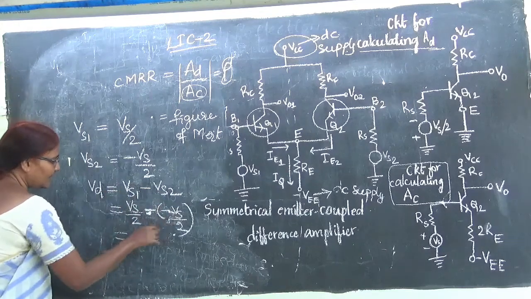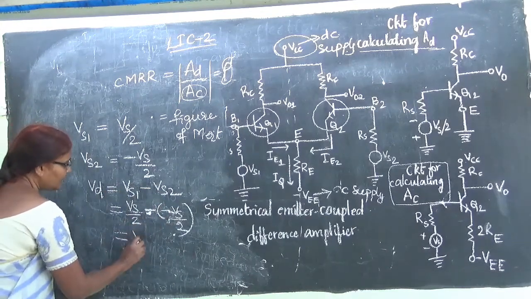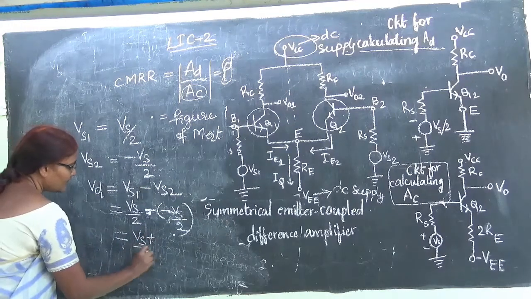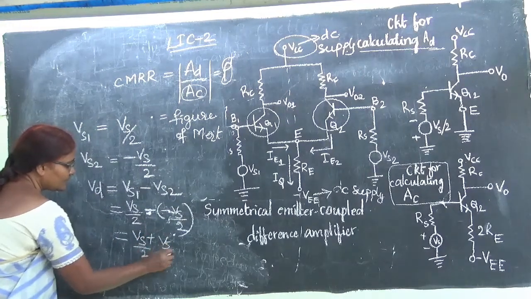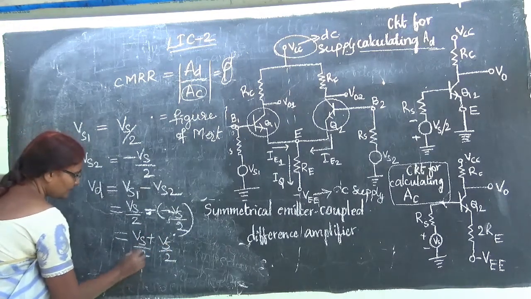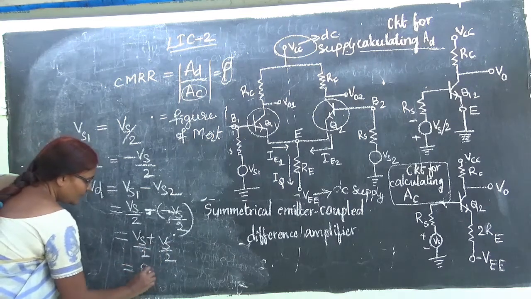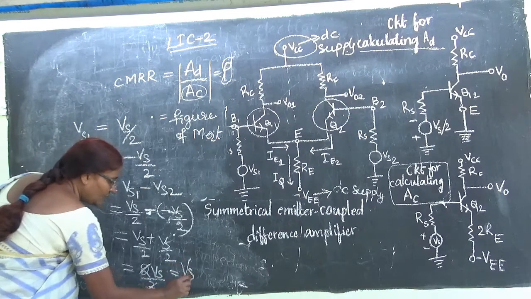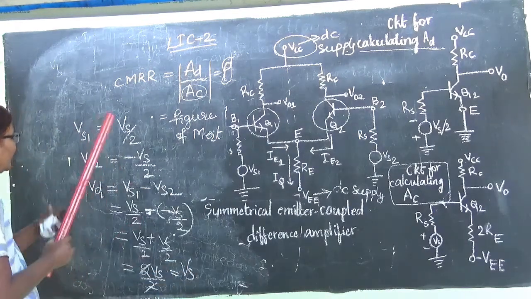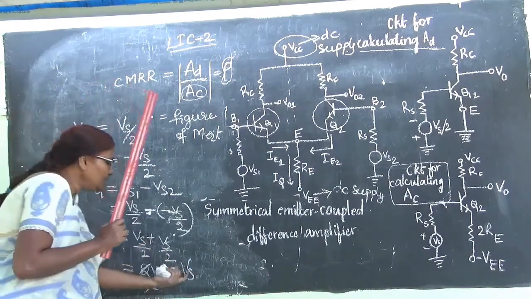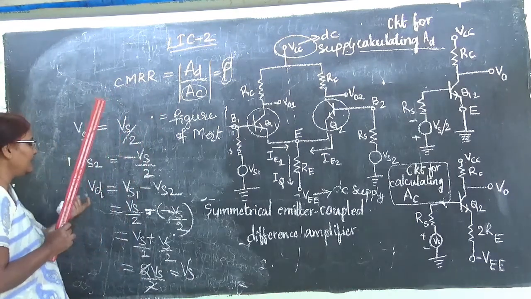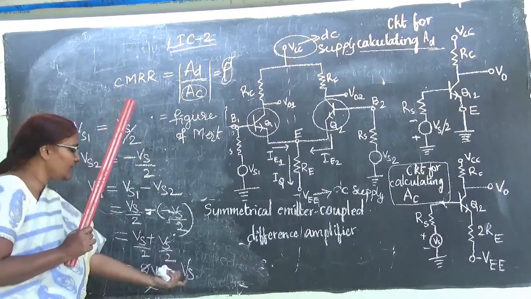So what is my final signal? Vs by 2 plus Vs by 2, which will give 2 Vs by 2, that is Vs. That means what I want finally is that my difference voltage will be Vs.